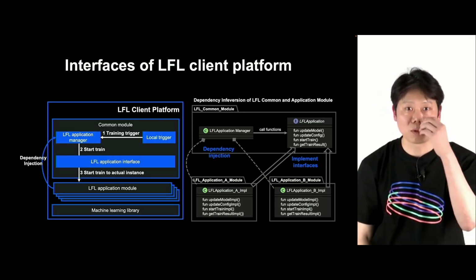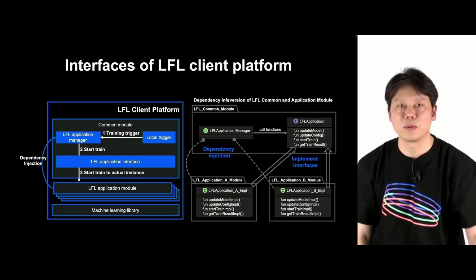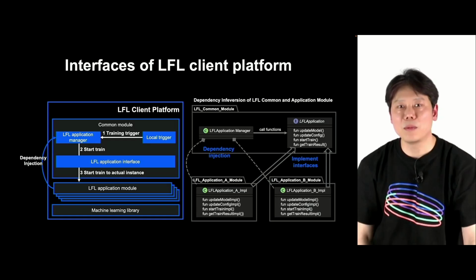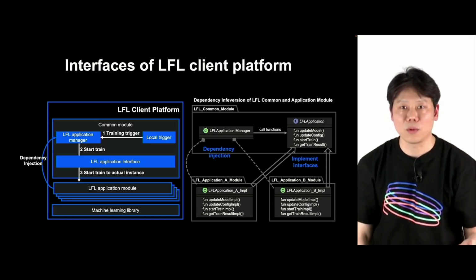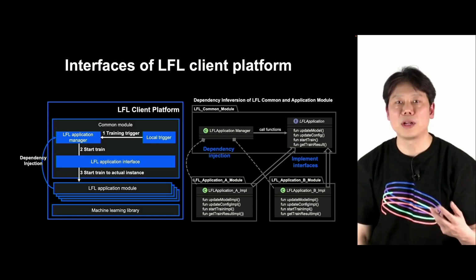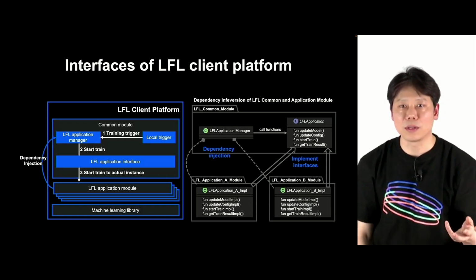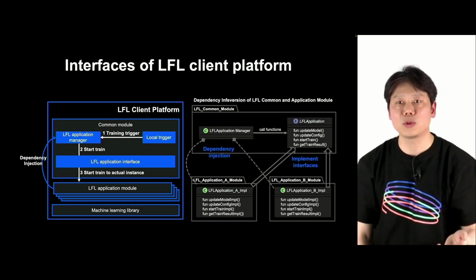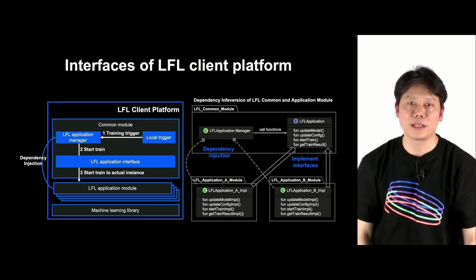So then how can we realize this based on abstraction? Based on this example, in the common module, for instance, the background work that's triggered by the OS will begin, and then it decides which application will be learned. Then through the interface API within the common module, the application will call the beginning of the learning by the application.